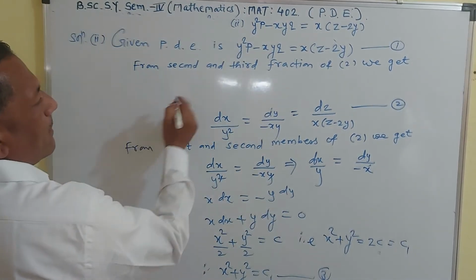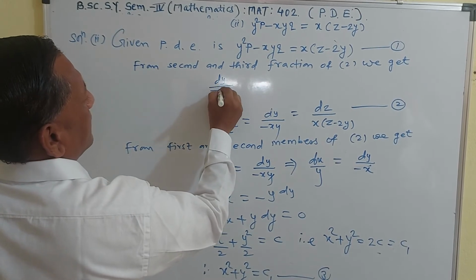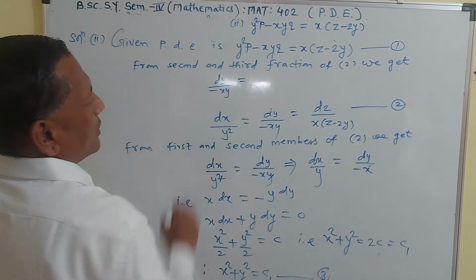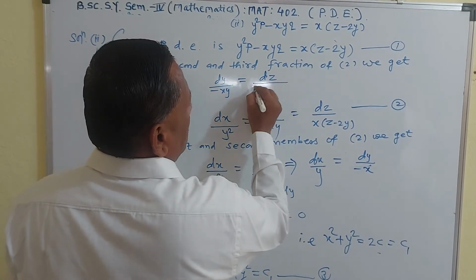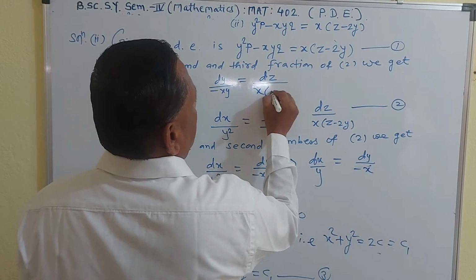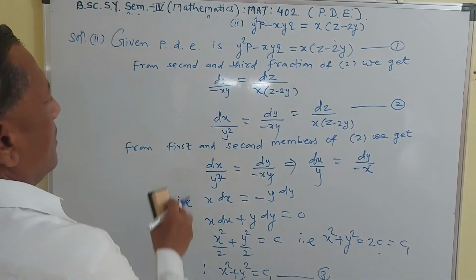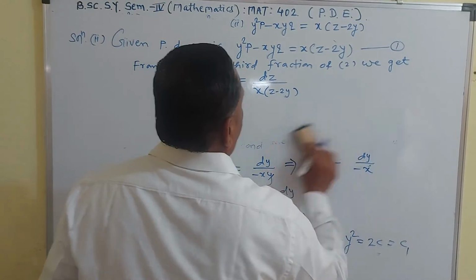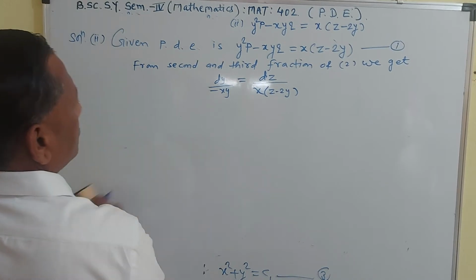We have dy/(−xy) = dz/(x(z − 2y)). Here x is on both sides, so x cancels.